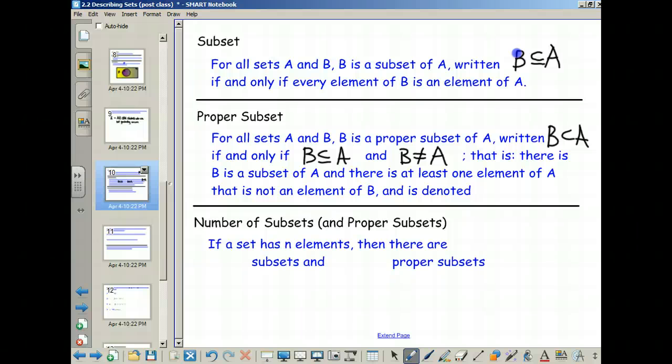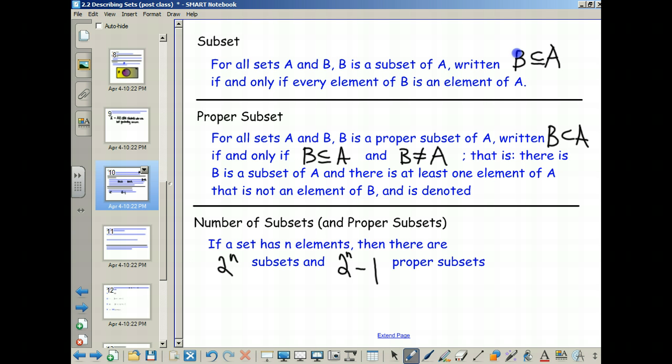Now, there's a way of counting the number of subsets, and I don't think we've seen this in this course yet. So if a set has n elements, then there are 2 to the n subsets, and 2 to the n, and then minus the number 1. That's not minus 1 on the n, it's minus 1 on the whole thing.